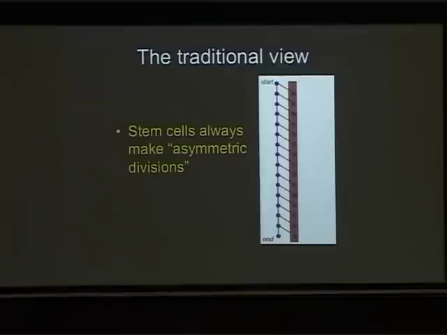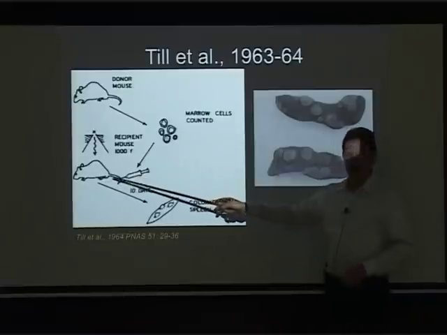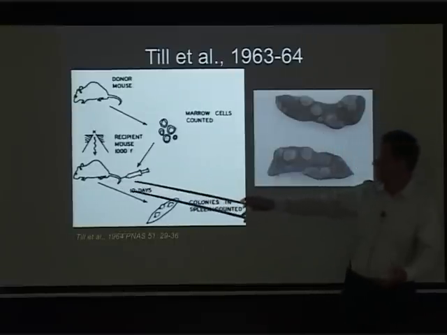And some of the earliest data actually go back to some of the earliest data on stem cells themselves. So this is beautiful work from the 1960s by this fellow Till in Toronto. And some of the earliest stem cell work involves taking stem cells out of animals and injecting them into other animals. So bone marrow stem cells. If you irradiate a mouse, you kill all of its bone marrow, which means it can't make any of the blood cells.